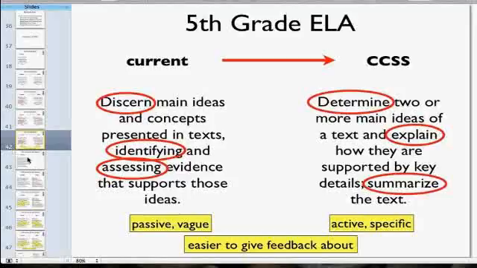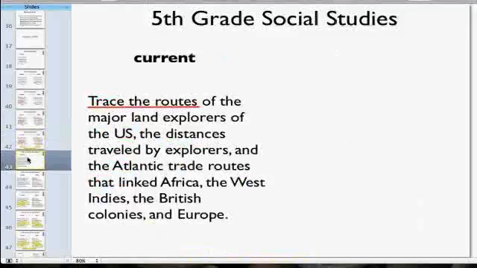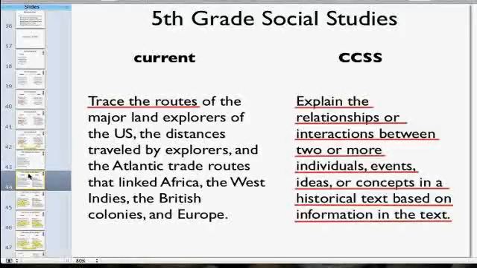So here is another example of a 5th grade social studies current standard. Trace the routes. I underlined in red the action that students would be required to do. Now here is the Common Core comparable. So if you take a look at the Common Core, a fairly large difference, I think, in complexity.